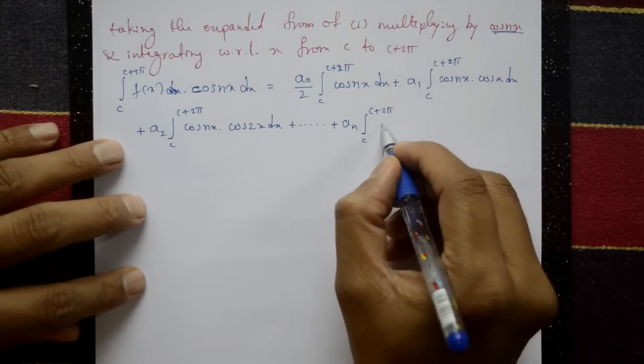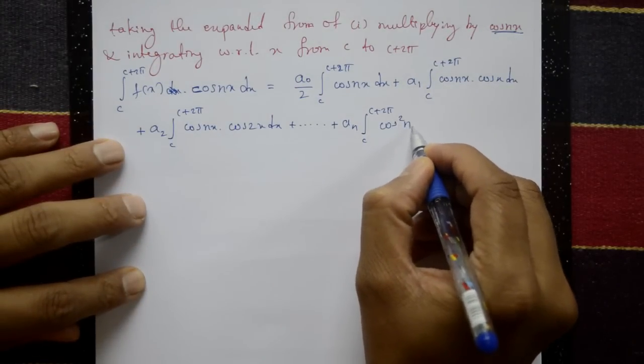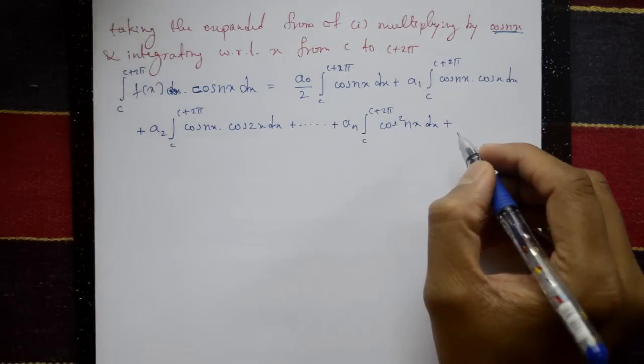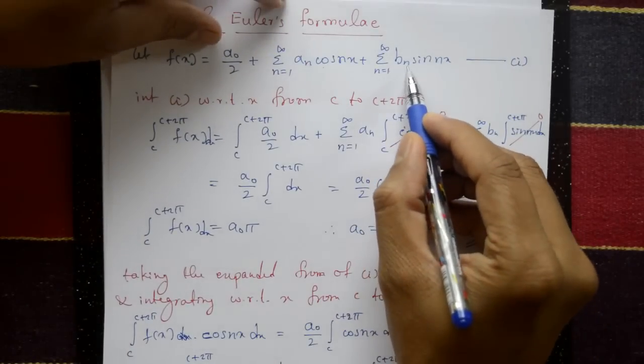It is cos square nx with respect to x. Next is the third term, put n is equal to 1, 2, 3, 4.